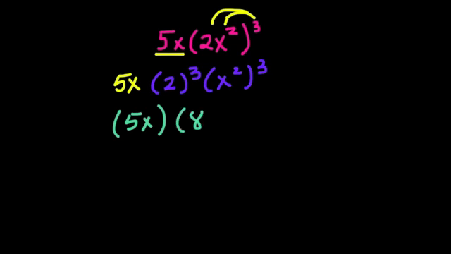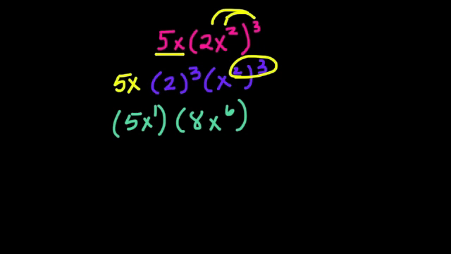And then x squared to the 3rd power, remember this is where we combine these terms by multiplying. So x squared to the 3rd power would give me x to the 6th. So from here, what you're going to see is I have just a 5x, and this is to the 1st power technically, times 8x, or x to the 6th.